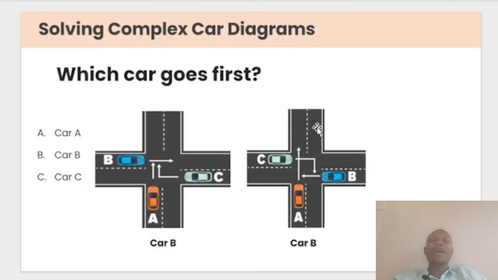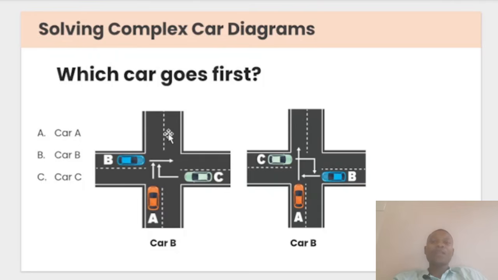Let's look at the second car diagram first. We have arrived at car B by using the first road rule, which says that C gives the right of way to A and A gives the right of way to B. B has no car on its right, so it goes first. Now using another road rule, which says cars in the same road move at the same time, if you see B moving, it will definitely block A, which means that C can take advantage and also move. But C has to turn right soon after the movement of car B. Now looking at the first one, we have arrived at C because C has no car on its right by using the first road rule.